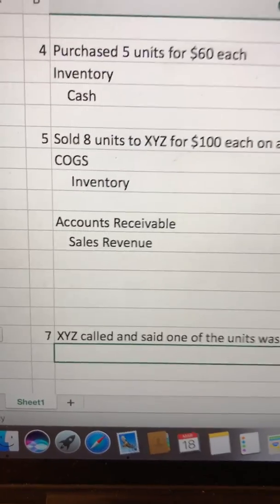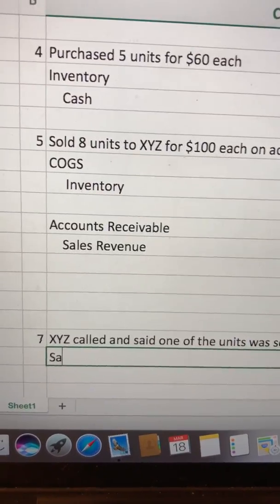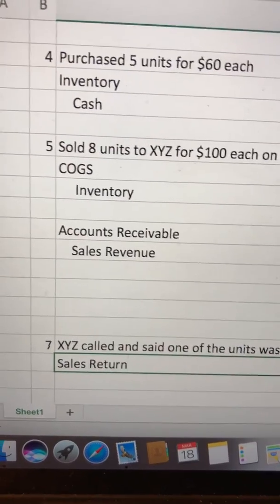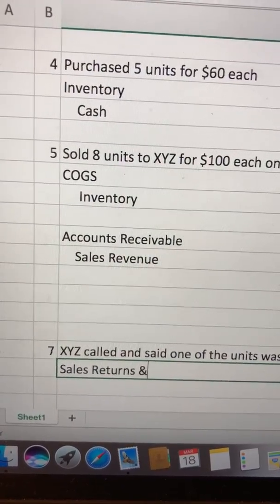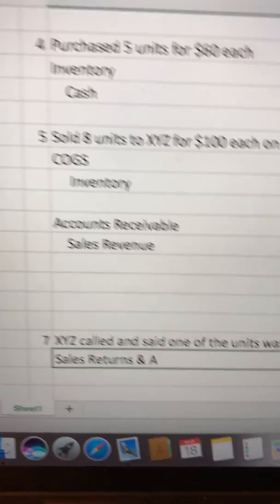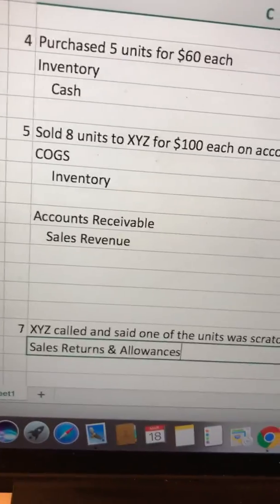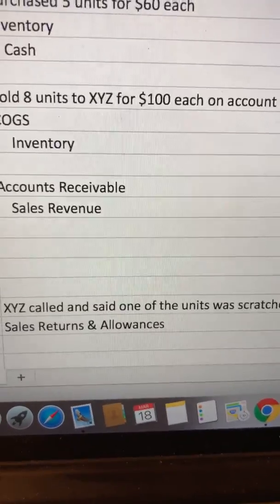From the videos, hopefully you saw, in order to do an allowance, you do a debit to sales returns and allowances. And it's going to be for the $25.